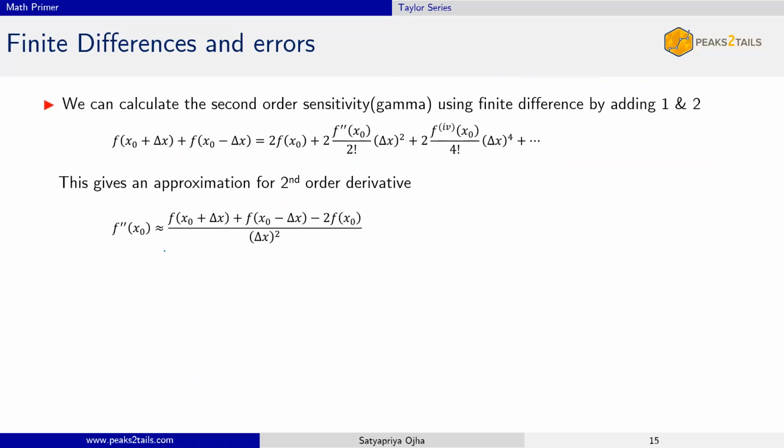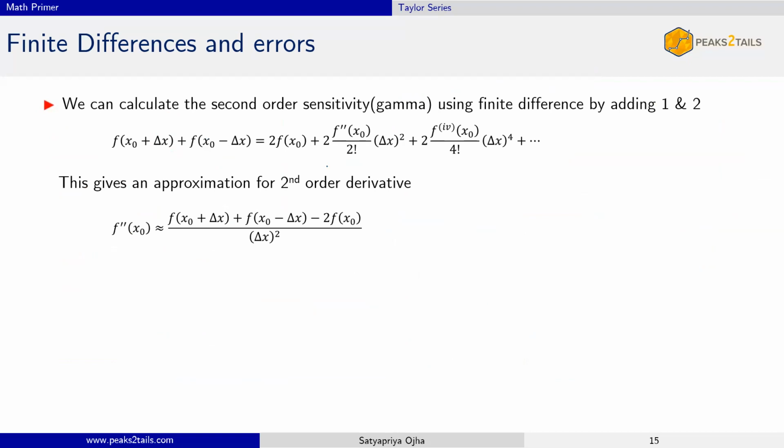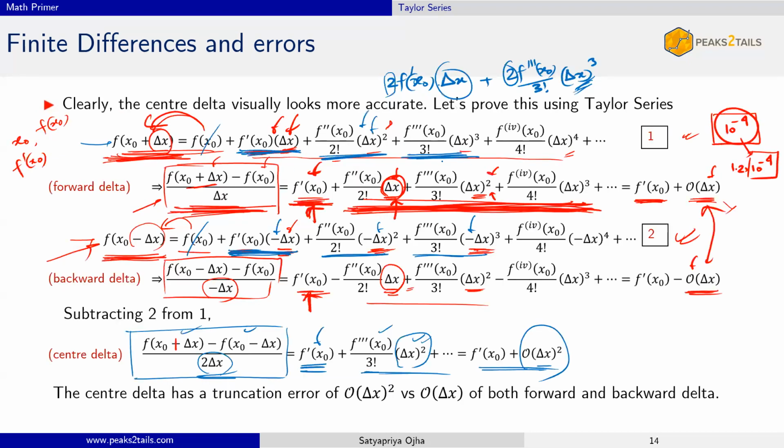You can calculate the second order derivative approximation also using finite difference. And for that, interesting, you know how you calculate that? You add equation 1 and equation 2, and this is what you get. So let's see.